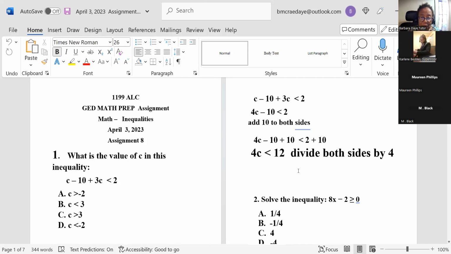So when you divide by 4, you get C less than 3, right? And like Maureen said, that's answer B. I'm asking because I'm looking at another paper, the one you sent me.